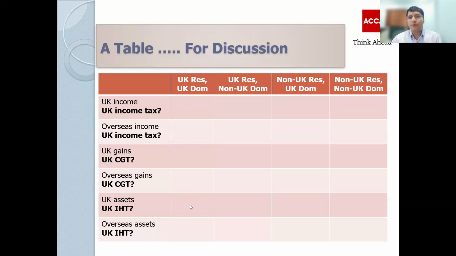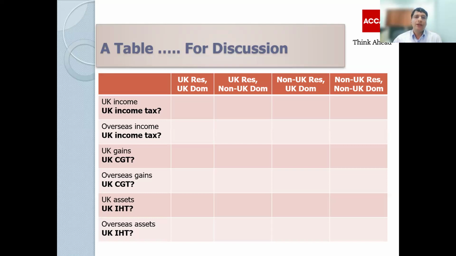The concept of domicile is relevant more for inheritance tax than for income tax and capital gains tax. For the purpose of income tax and capital gains tax, domicile will only be relevant if you are claiming the remittance basis.